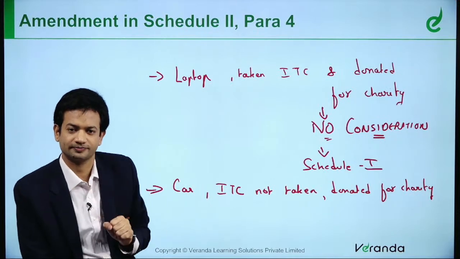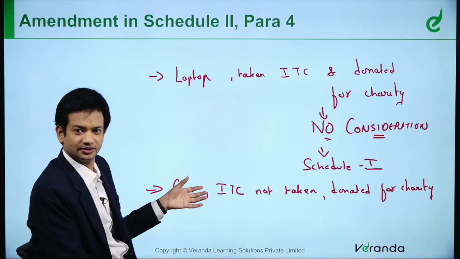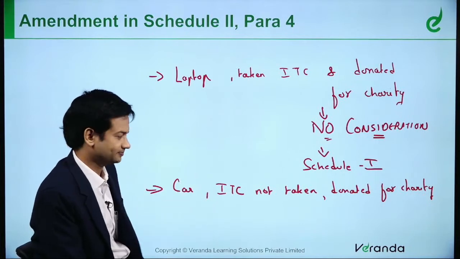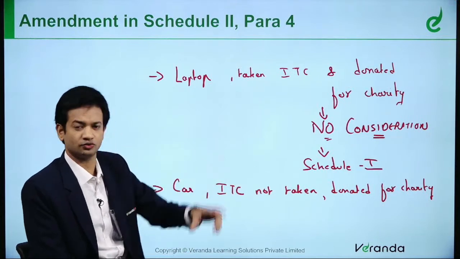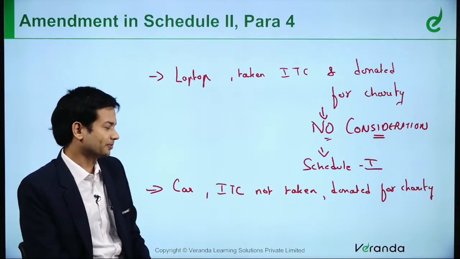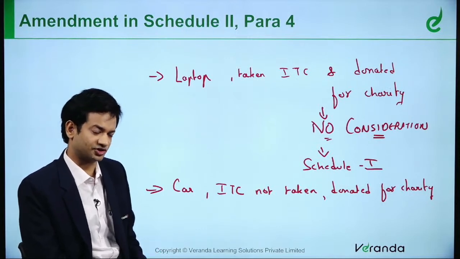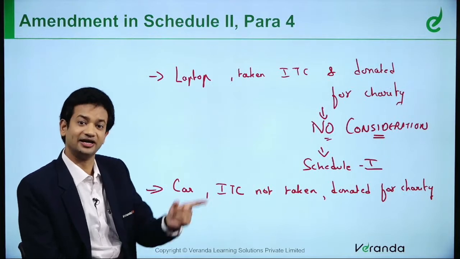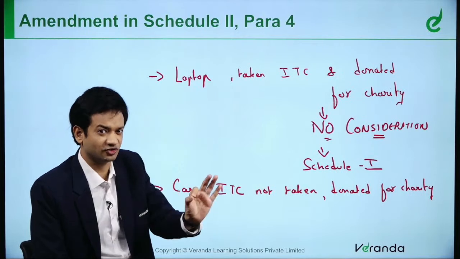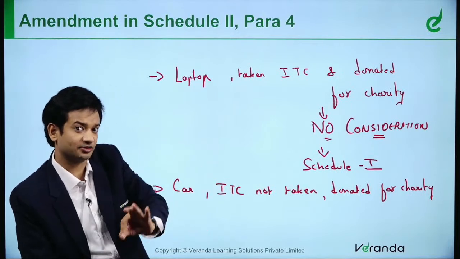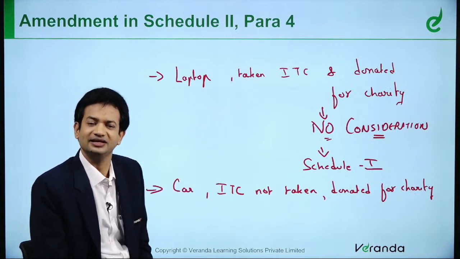Whether it's supply or not. Now if you see here, section 7(1) A, B, C. Since it is without consideration, again I will have to travel to Schedule 1. Schedule 1 says permanent transfer or disposal of an asset on which ITC is taken is a supply without consideration. But here ITC is not taken. Because Schedule 1 para 1 says permanent transfer or disposal of an asset on which ITC is taken, but here ITC is not taken, this will not go under Schedule 1. Then is it a supply?